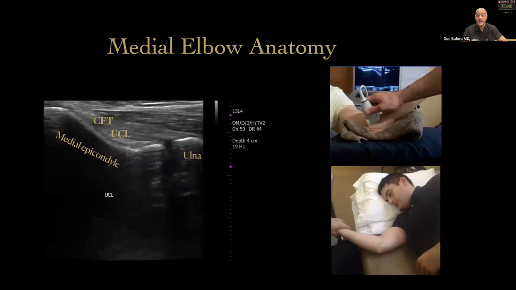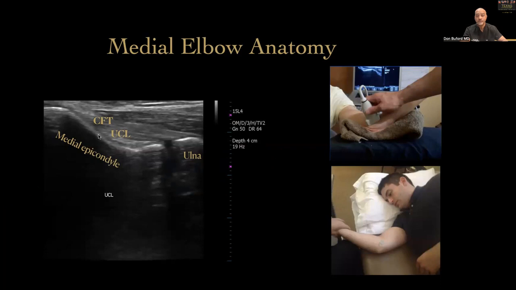So this looks a lot like the lateral elbow, but there's one ultrasound tip that I would give you, which is that when you angle the transducer towards the thumb, that's going to give you the common flexor tendon picture. Common flexor tendon is going to be along the superior aspect of this slope.